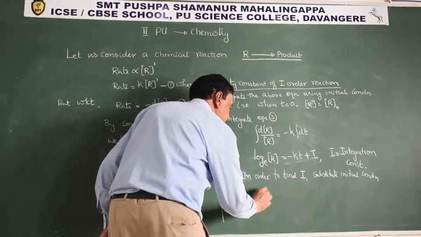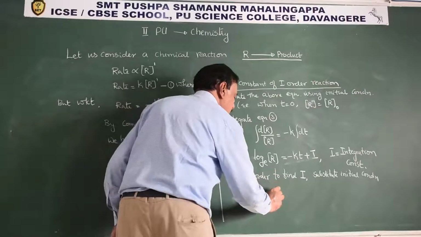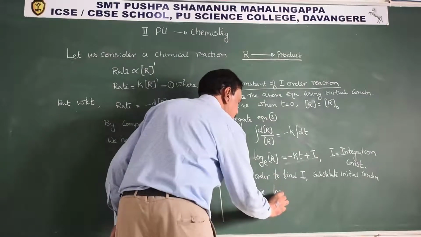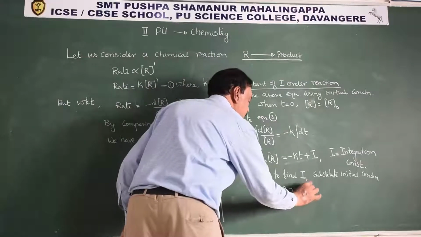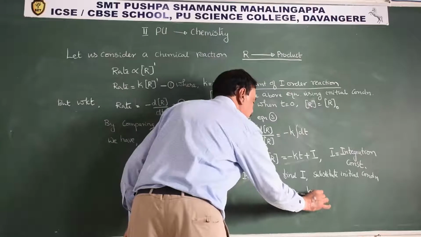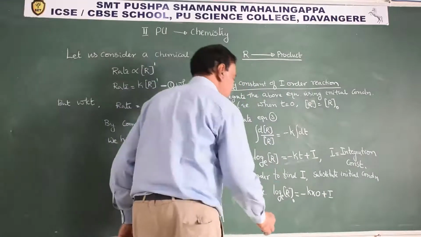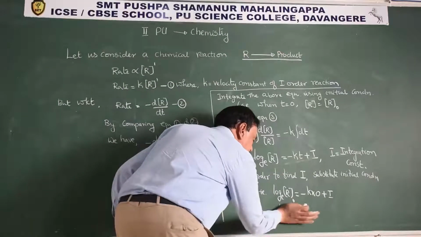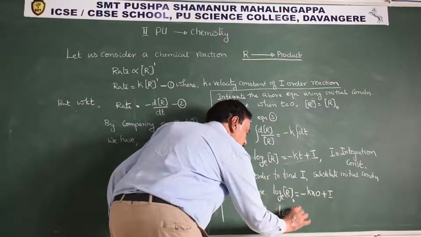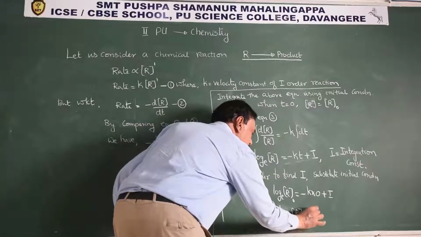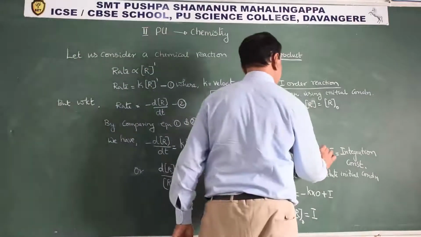That is, log e R, where R is equal to R naught: log e R naught is equal to minus K into 0 plus I. Therefore, I is equal to log base e R naught. That is the I value. Assume that this is equation number 4.